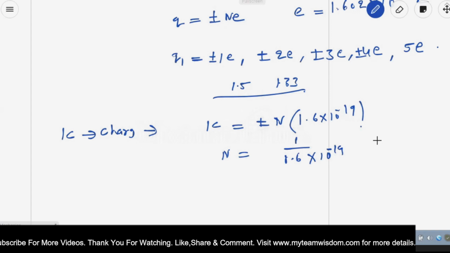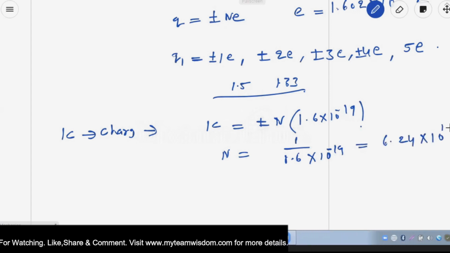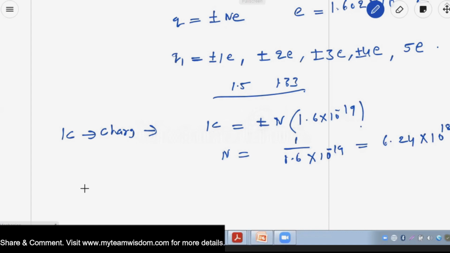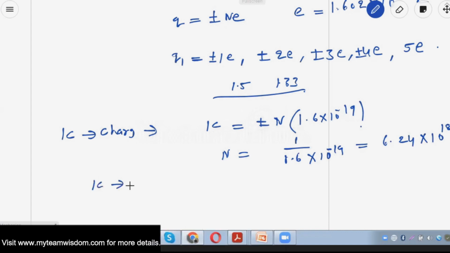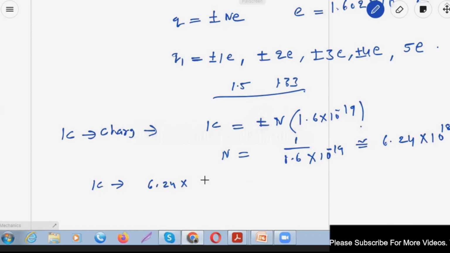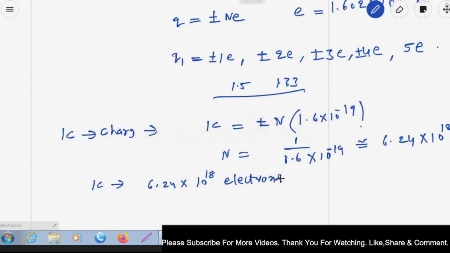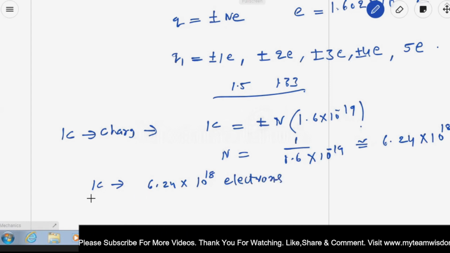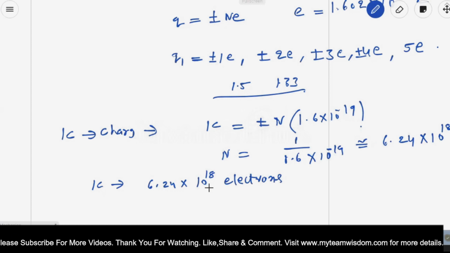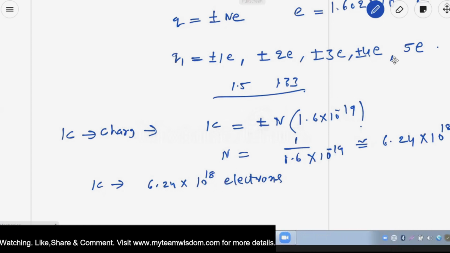If you do that, its value is around 6.24 times 10 power 18. That means in 1 coulomb charge there are roughly 6.24 times 10 power 18 electrons. That is what 1 coulomb charge is.